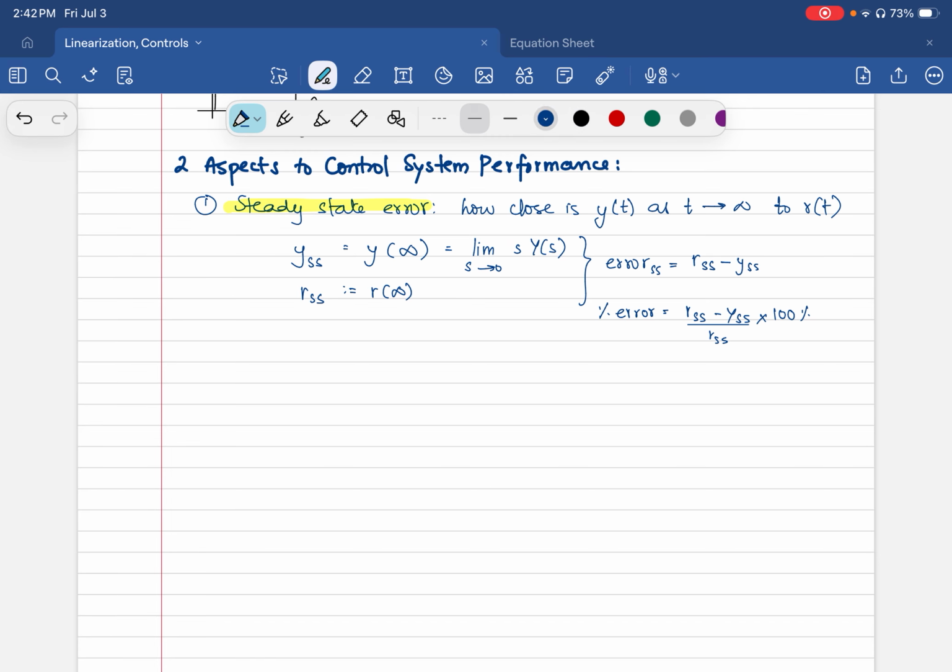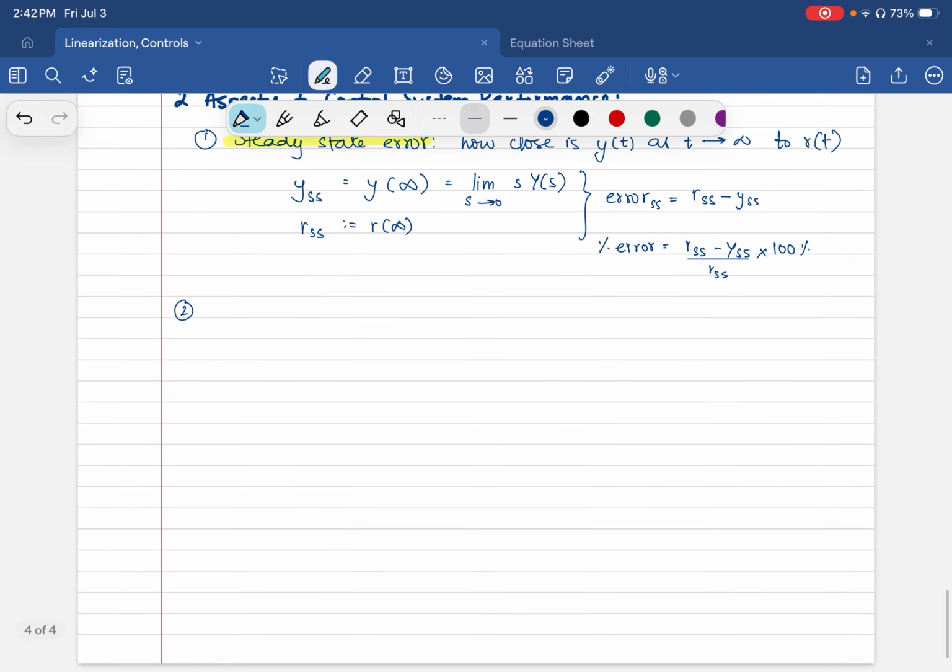There is another aspect, which is the transient behavior. Now, that relates to what happens on the way to getting to that steady state. So, transient behavior, there are two components to it.